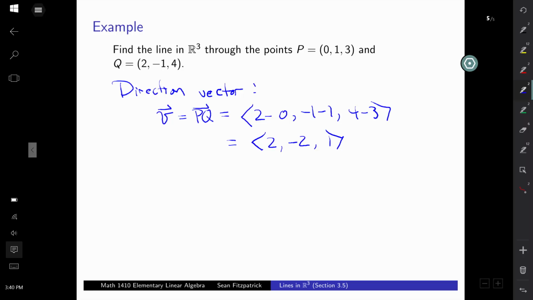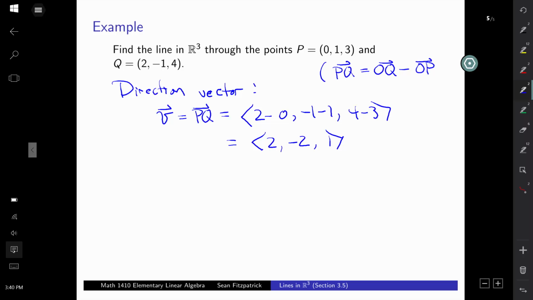One thing you might want to keep in mind when you're doing some of these: note that the vector from P to Q is the vector from the origin to Q minus the vector from the origin to P. This is the head minus tail rule.